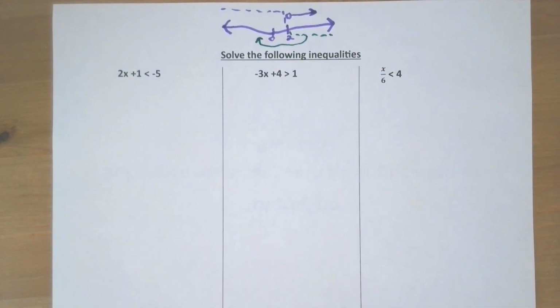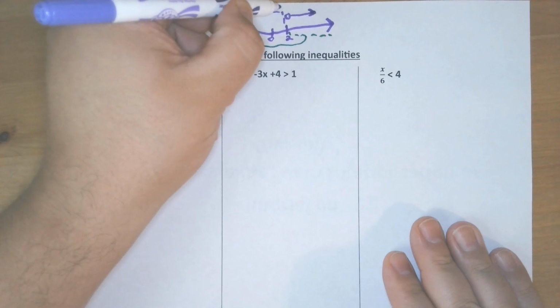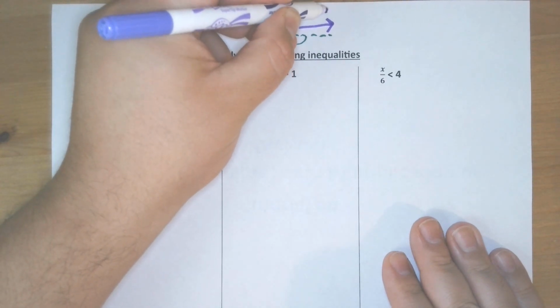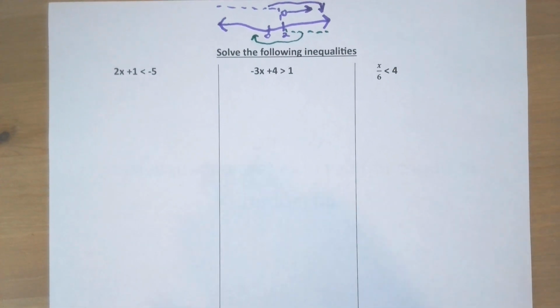Meanwhile, all my negative numbers get multiplied by a negative, and a negative times a negative is a positive, so these all come over here. The signs switch. That is the concept as to why I have to flip the inequality symbol when I multiply or divide by a negative number.